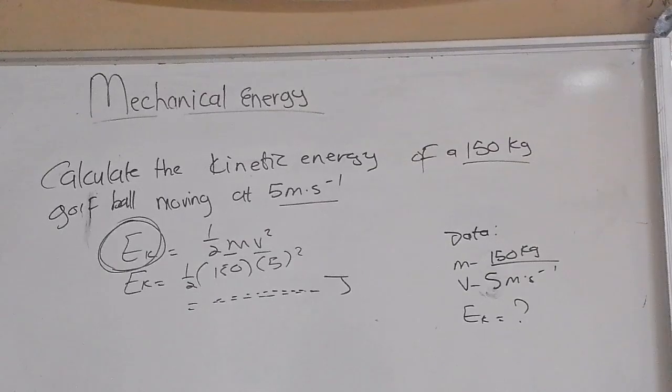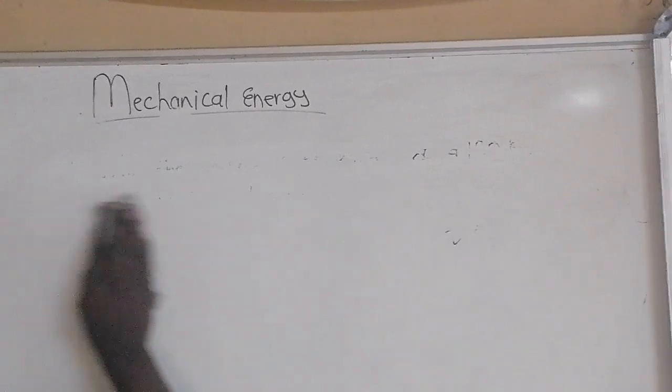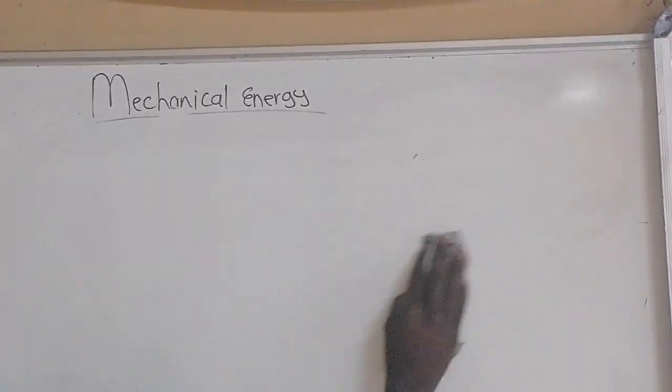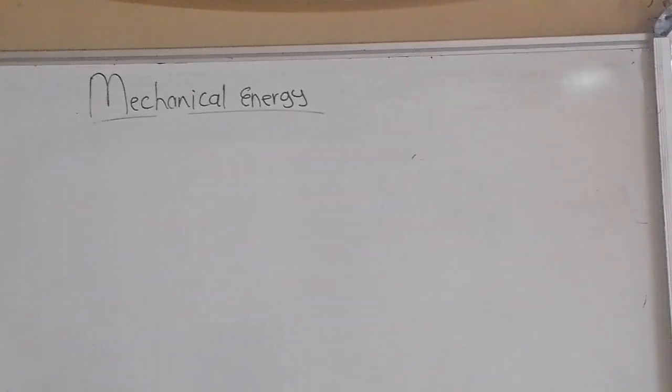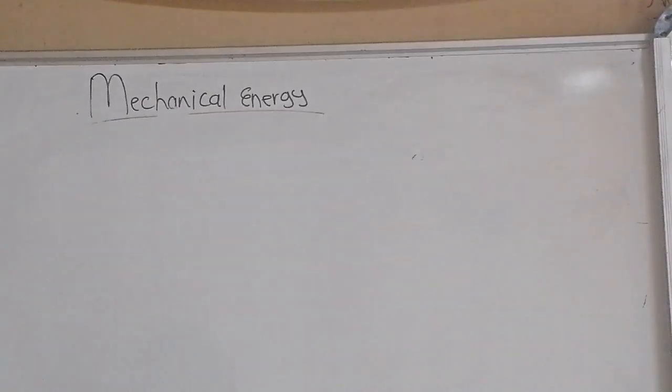Now let's talk about the mechanical energy. What is mechanical energy? Sometimes they can want you to define that. Mechanical energy is the sum of the kinetic energy and the potential energy of an object.